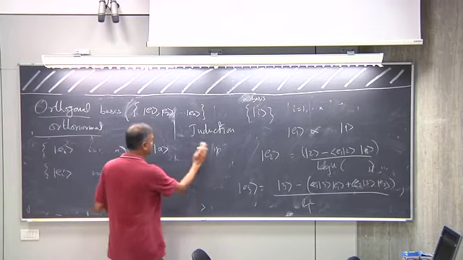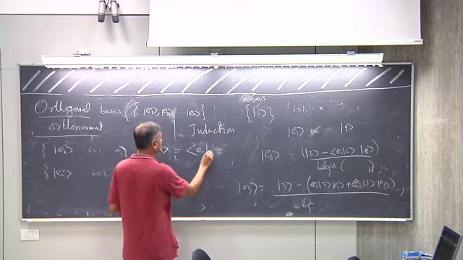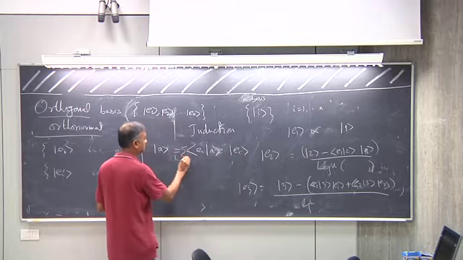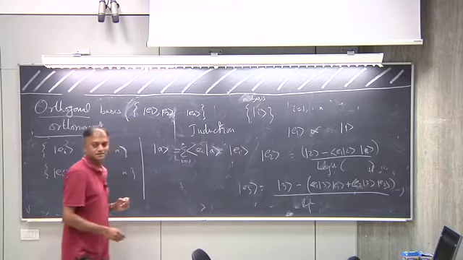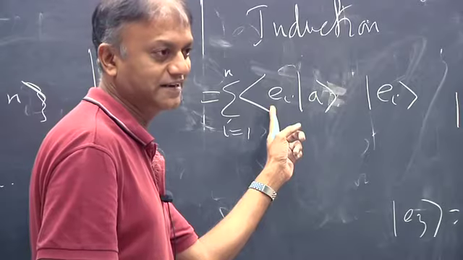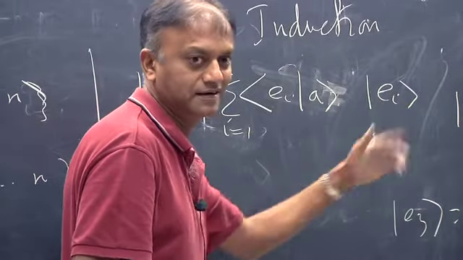The claim is that this is nothing else but the sum over i of (e_i · A) e_i, which is exactly what you would do. This is the projection of the vector A along the e_i direction, and then you multiply by the vector e_i and sum it up.